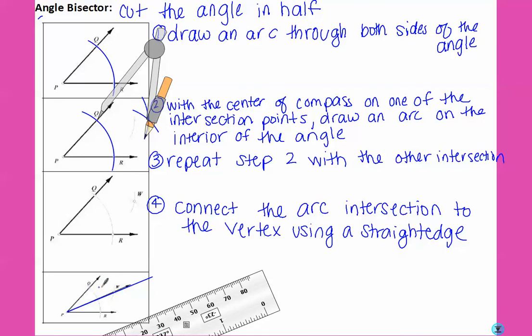So the straight edge goes through the 2 arcs that were out there. And that's our angle bisector. Usually we draw an arrow at the end and make it a ray coming through the middle. Don't forget to write your summary, and I'll see you in class.